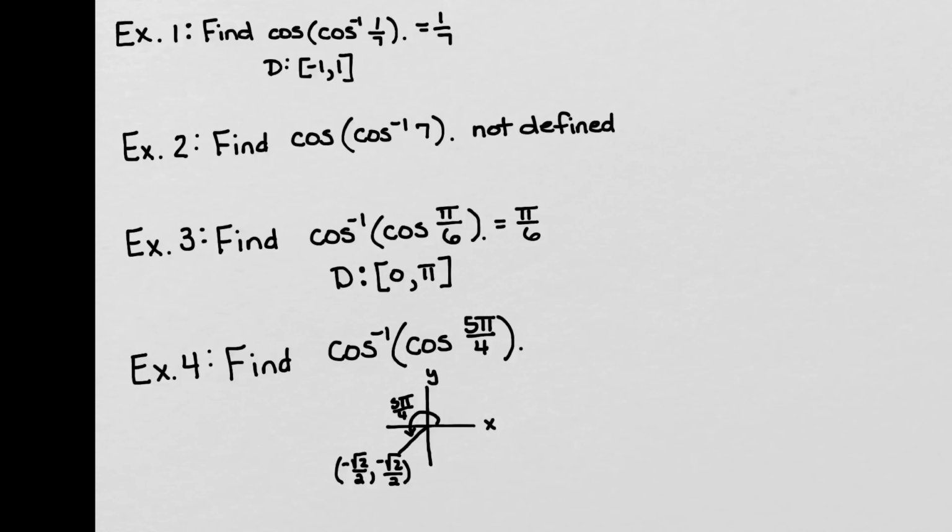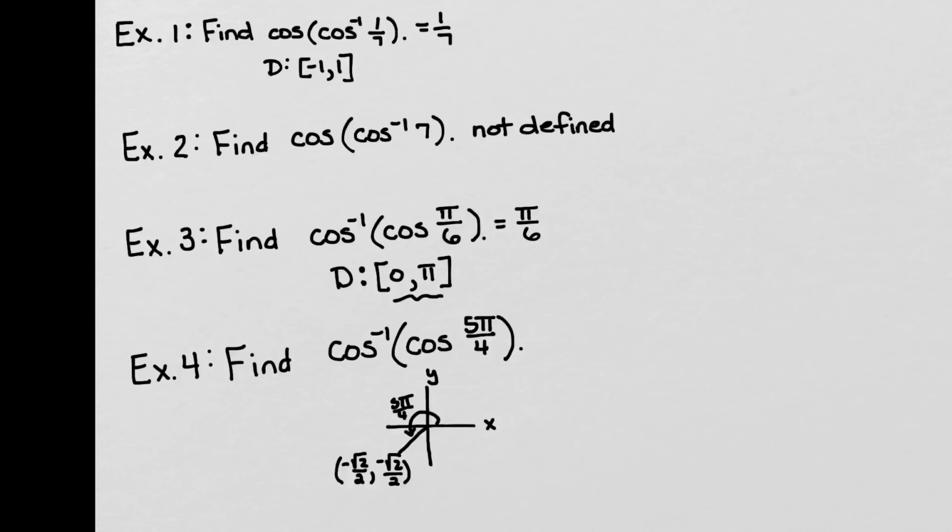So, how do I find the cosine inverse of this angle? I'm going to look at the values that we're allowed to use. We're only allowed to use 0 to pi. And where would we get a negative ratio for cosine within that range of values? That would happen in the second quadrant.